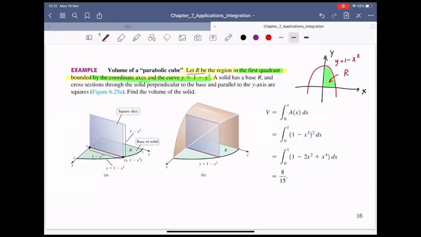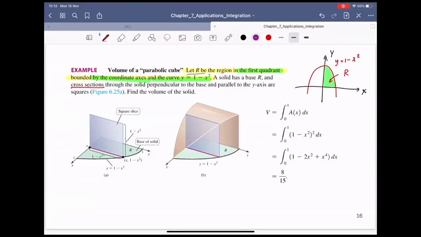The question says you're going to form a solid whose base is R. So your R is going to be your base, and then you make the solid such that the cross sections are perpendicular to the base and parallel to the y-axis.